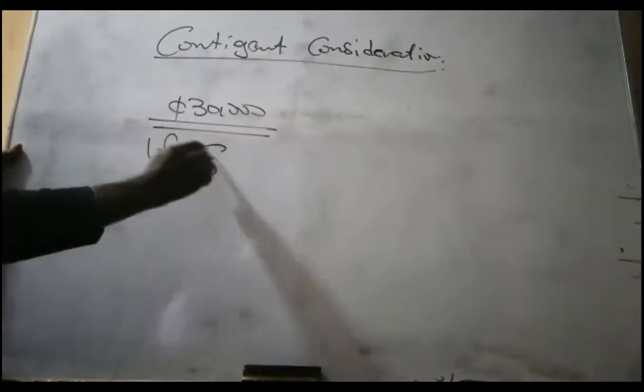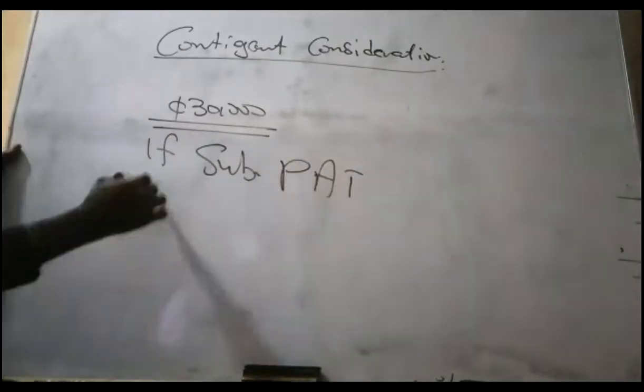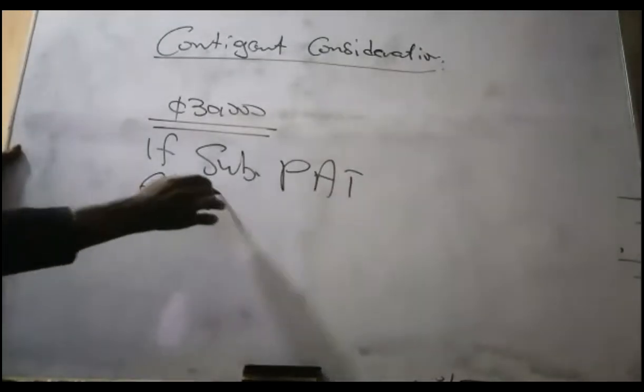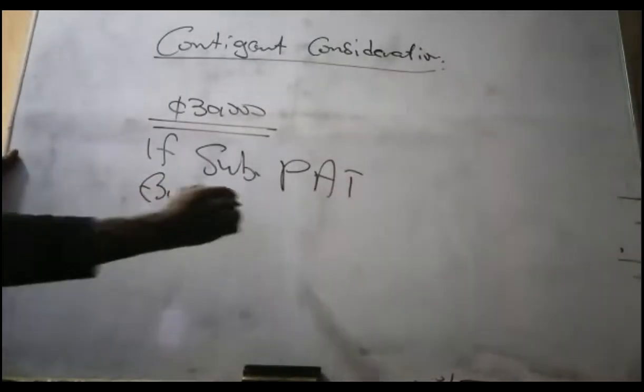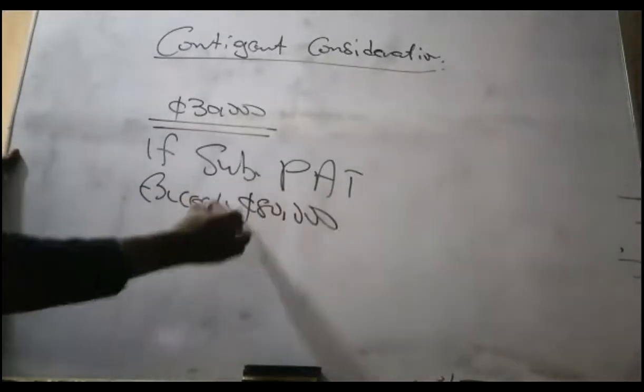Let's see. This is where I promise you that I'll give you another 30,000 Ghana cedis if and only if the subsidiary's profit after tax exceeds 80,000 Ghana cedis. That's all.